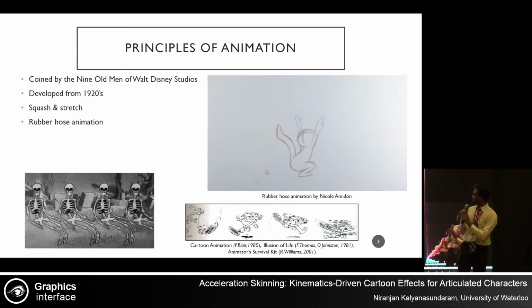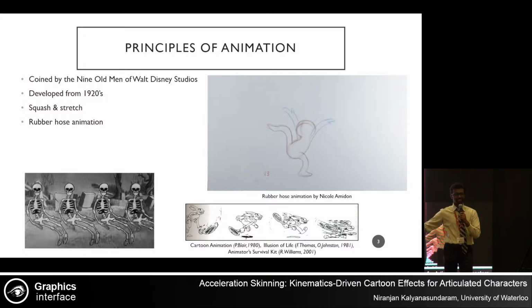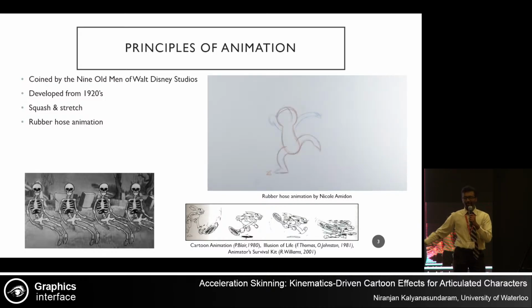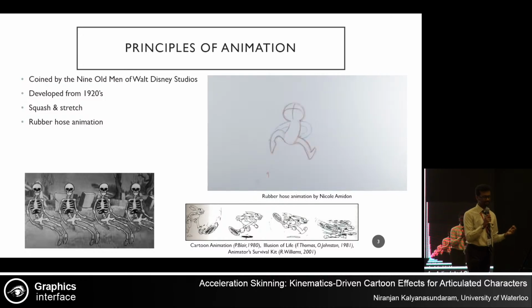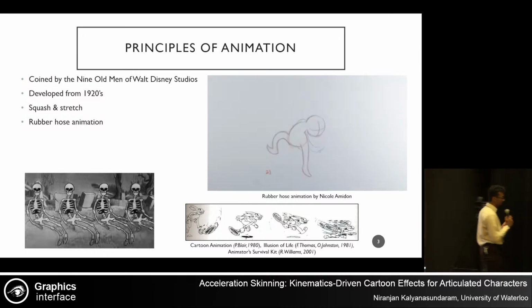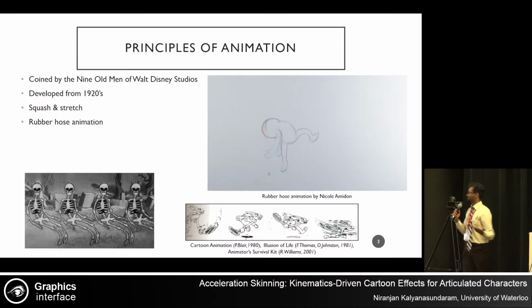Particularly, the reason I love it so much is if you look at the arms, it feels like there's no joints inside them. There's no skeleton. It's just loose hanging flesh that wobbles around along with the rest of the body. So this is the main trait of rubber hose animation. And I just love how it looks.